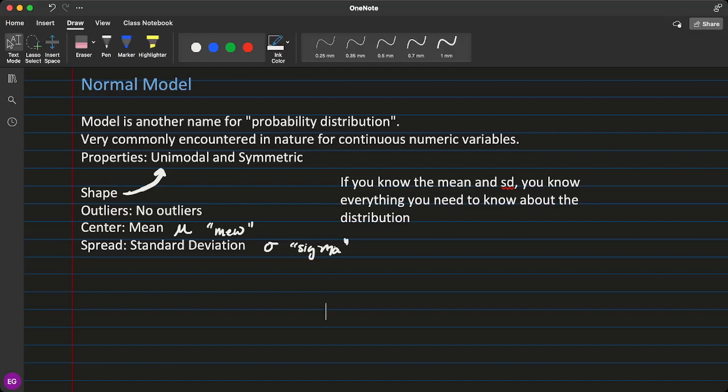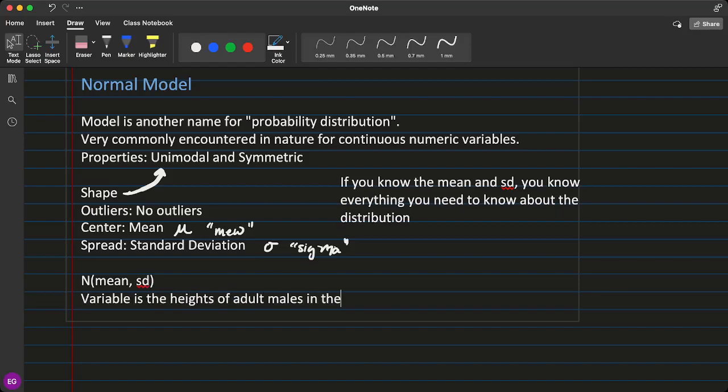Because of this, whenever we're dealing with normal distributions, we have a particular way of talking about them. We use the large letter N, and then we enter in parentheses what the mean is and what the standard deviation is. So for instance, let's say our variable is the heights of adult males in the United States.